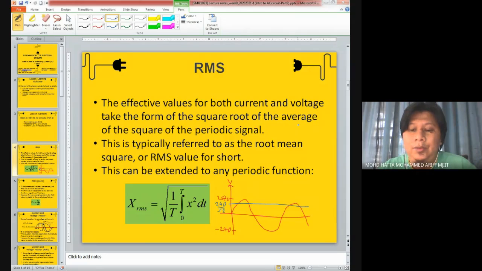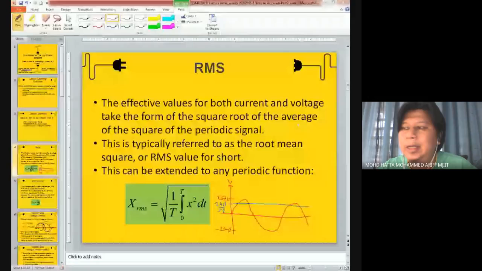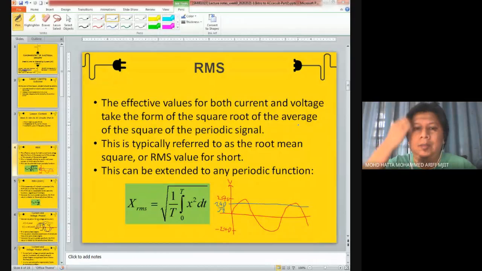If you analyze your circuit using peak value also can, using RMS value also can. But please remember, in practice, we always use RMS value, because in the real world, if you connect your voltmeter to your power outlet, you never get the peak value or the maximum value. You will always get the effective value, or the root mean square value, or RMS value. So that's what RMS is about.